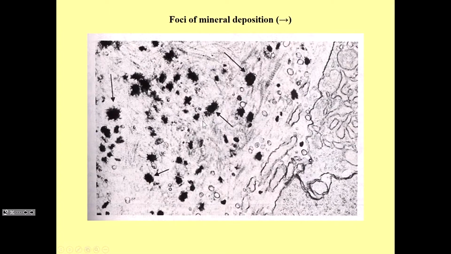Okay, so now you can see how the combination of the organic components containing some calcium binding proteins can facilitate precipitation of the inorganic component, the calcium phosphate.